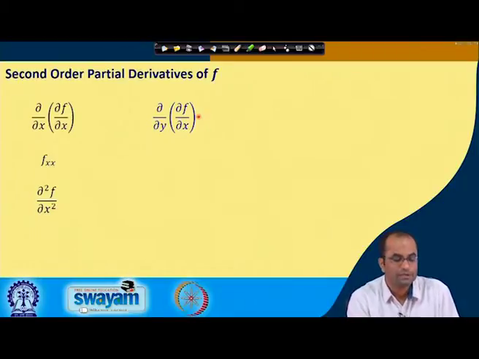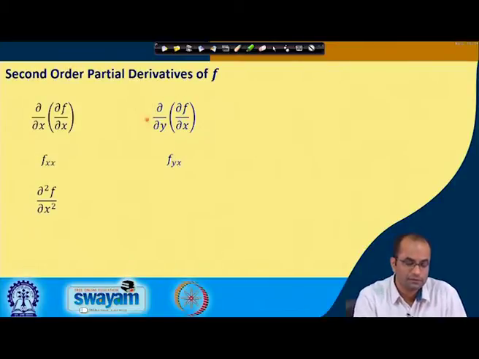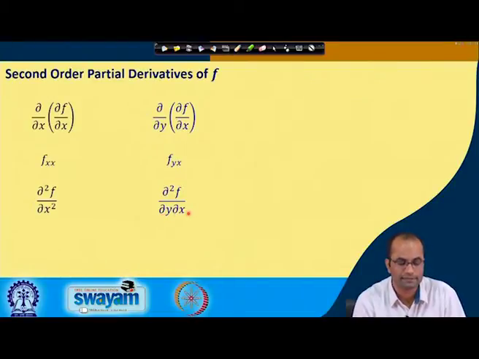Similarly, we have the notation when we take the partial derivative with respect to x and then the partial derivative with respect to y. In this case we use the notation f y x or del 2 f over del y del x. In some literature people use this as f x y or the other way around, del x del y.